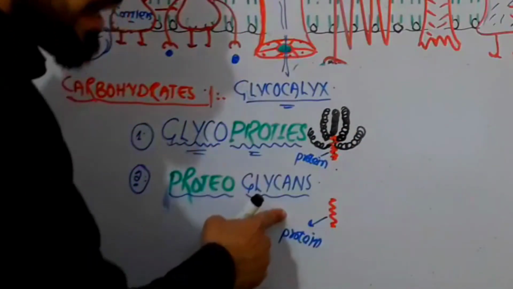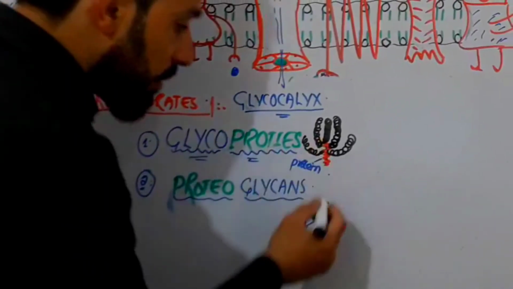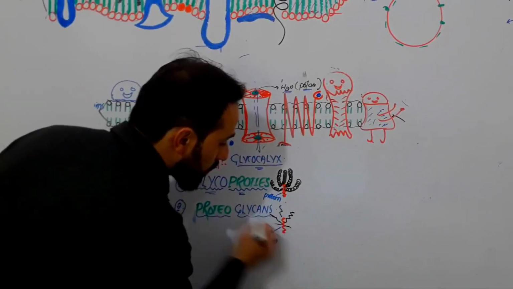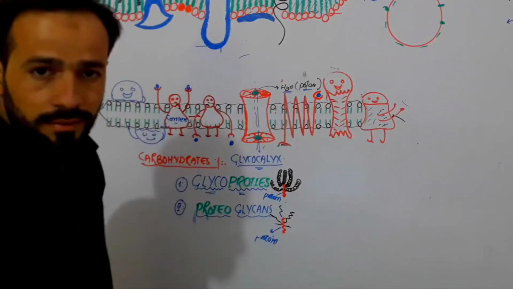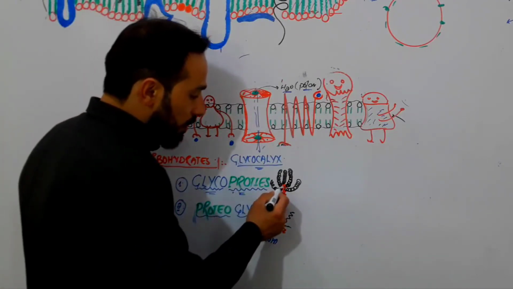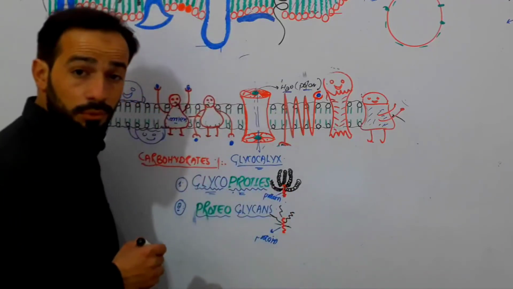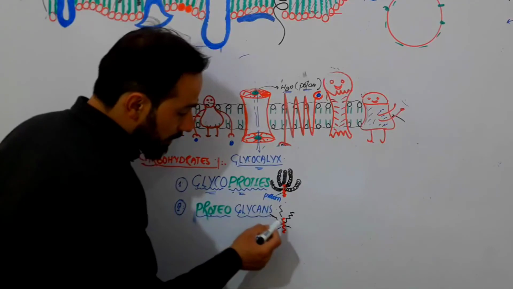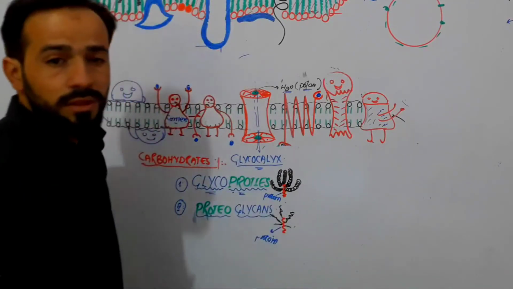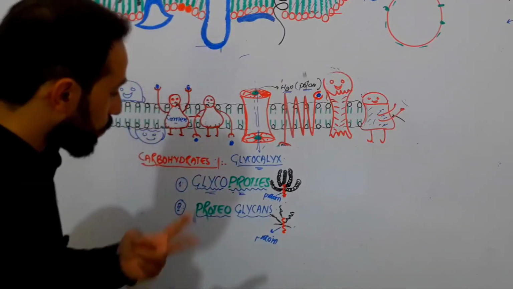And the proteoglycans are also proteins and carbohydrates, but the difference between them is that the proteoglycans contain a lesser amount of carbohydrates. The glycoproteins contain lots of carbohydrates attached with protein, and the proteoglycans contain less carbohydrates attached with protein.